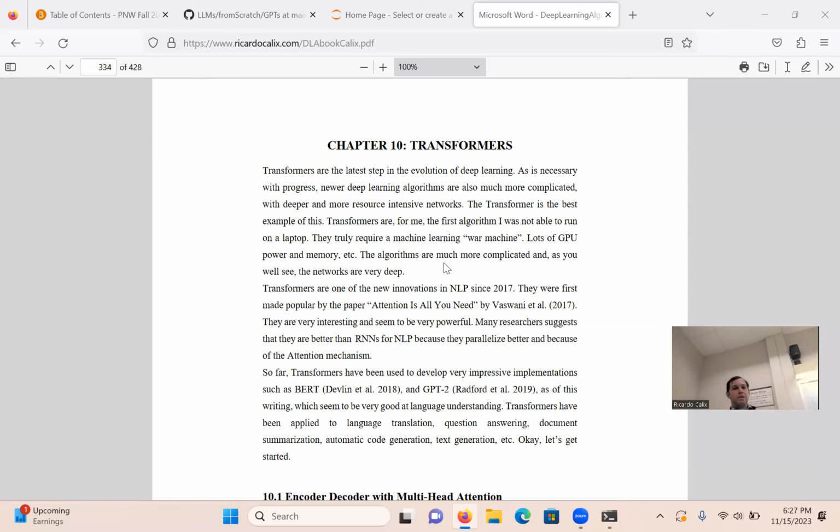So what I'll do today is I'll go over some of the description. I have some diagrams that should help to understand how they work, hopefully. And as you should know, transformers is the underlying architecture of ChatGPT, right? In ChatGPT, people can say whatever they want.